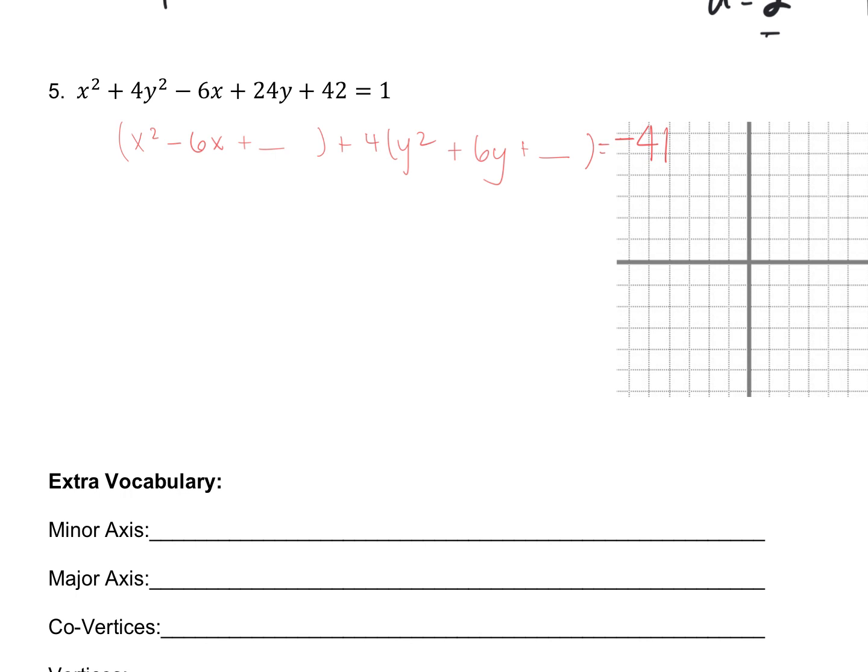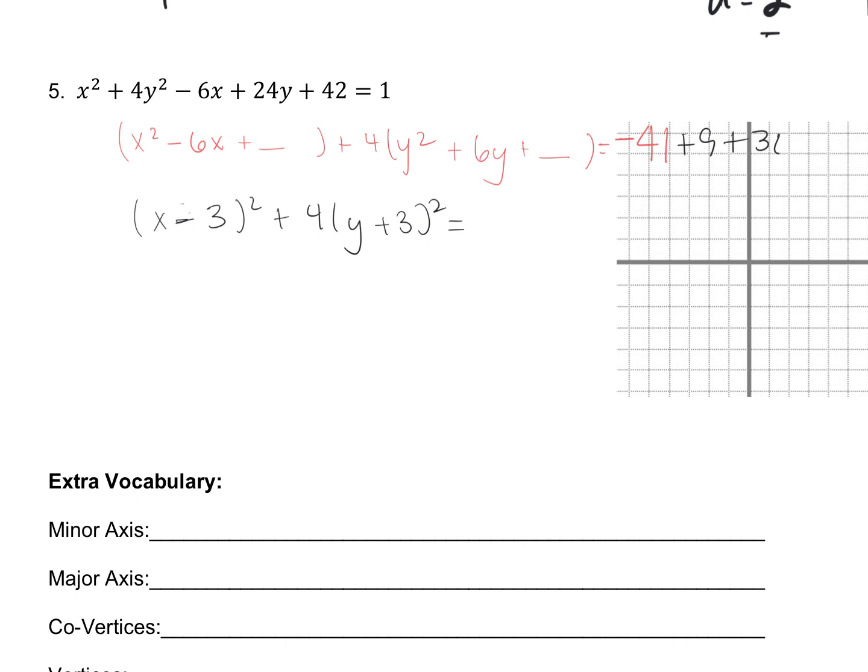Okay, so how'd y'all do? I have x minus 3 quantity squared plus 4 times y plus 3 quantity squared equals, and I had to add a 9 and a 36 to the other side.